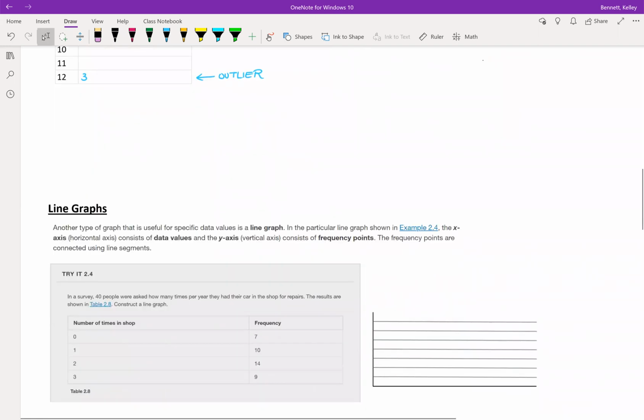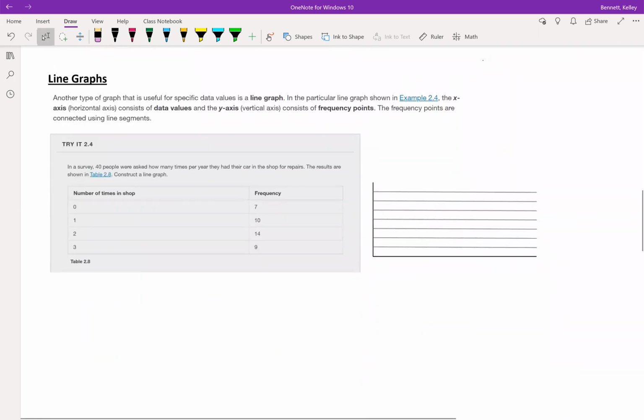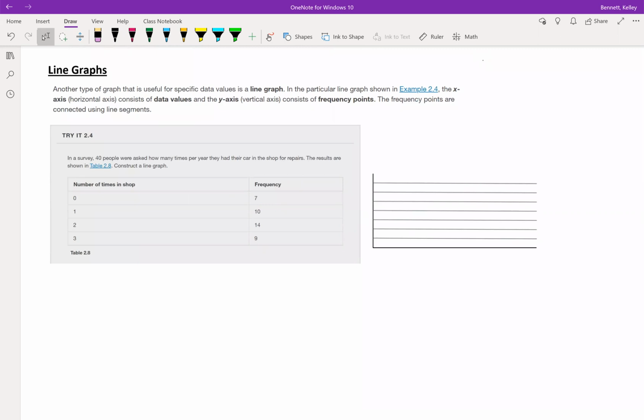All right, so next we want to do line graphs. It's another type of graph that we use to depict data and group it together. Typically we put the frequency on the y-axis. Actually, I need a little bit more space.